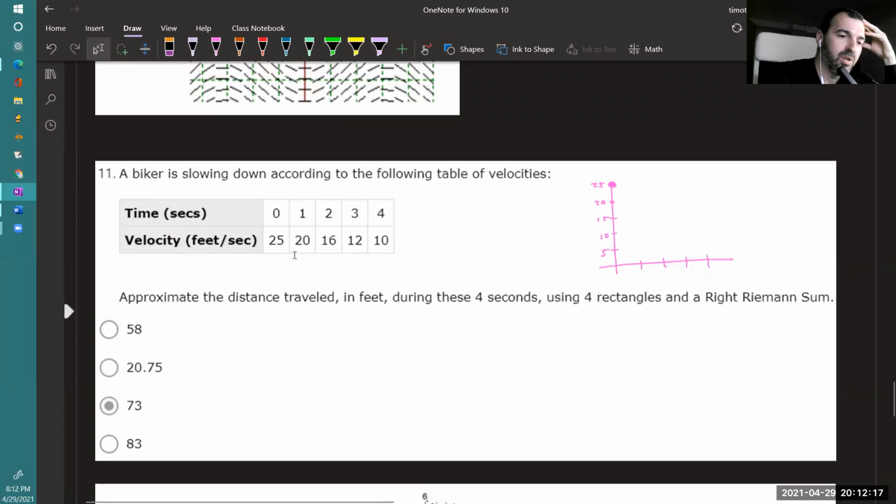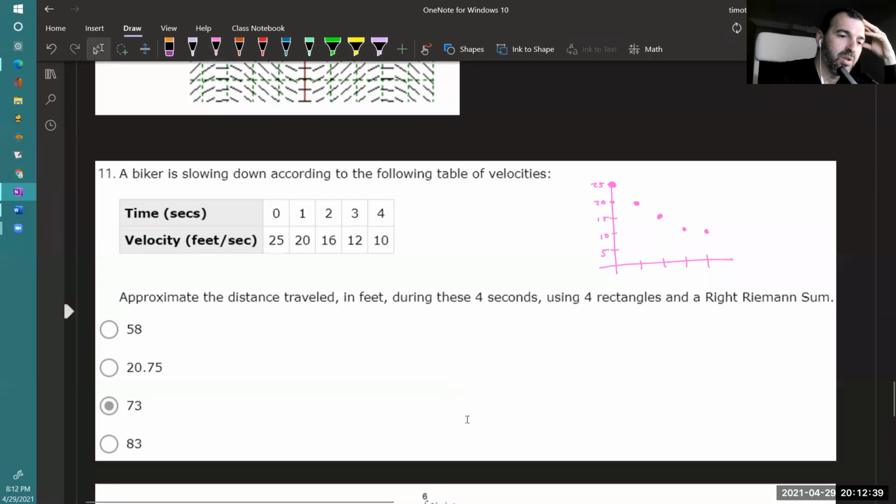At 1, my velocity is 20. At 2, my velocity is around 16. At 3, my velocity is like 12. And at 4, my velocity is about 10.